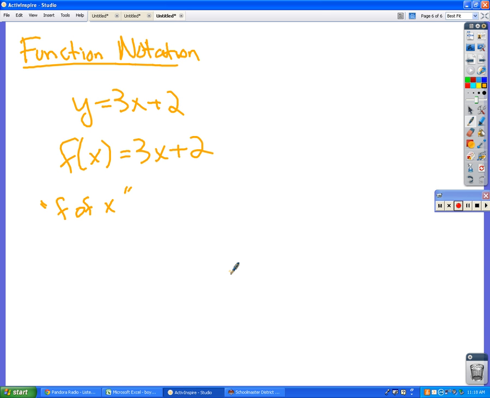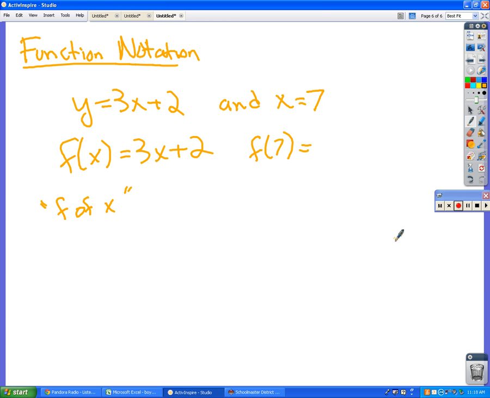If I wanted you to plug in 7, I would have to say y equals 3x plus 2, and then x equals 7. In function notation, the way I tell you to plug in a 7 for the x is I just say f of x equals 3x plus 2. What is f of 7?